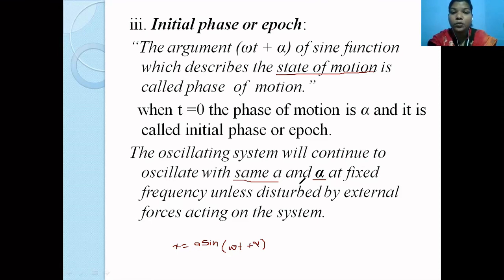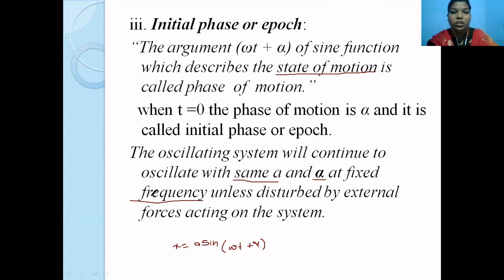Since your amplitude is fixed, since your alpha is fixed, and there are no external forces acting on it, the frequency will also remain the same. There will be no change in the frequency.